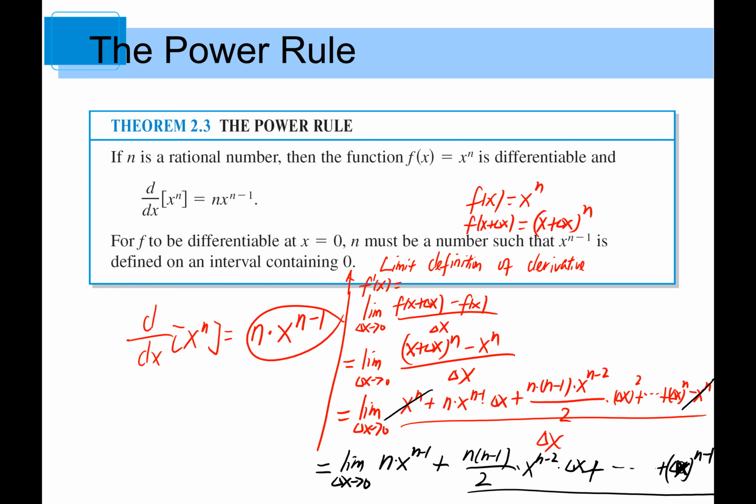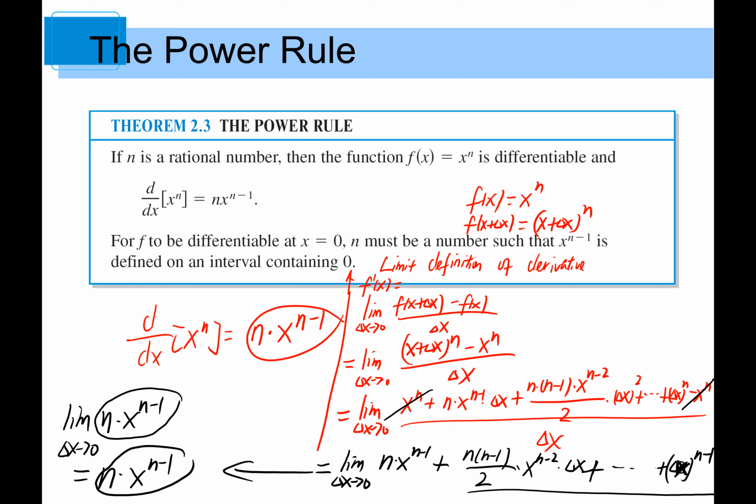When we plug in delta x equals 0, a direct substitution, the result we end up with is the limit as delta x approaches 0 of n times x to the n minus 1. With respect to delta x, this term is actually a constant. So the limit becomes n times x to the n minus 1. That's exactly the same as what we have over there.